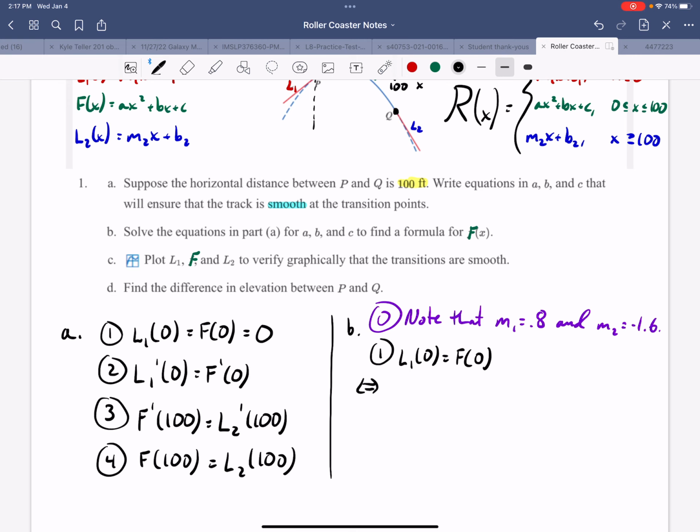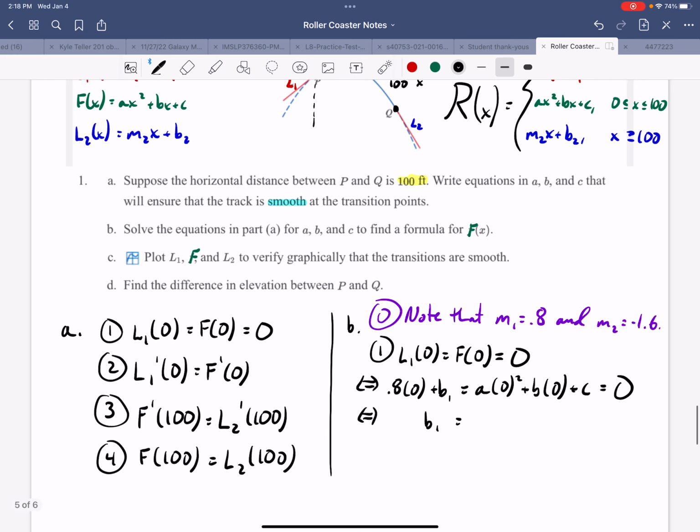L1 of 0 is 0.8 times 0 plus B1 equals A times 0 squared plus B times 0 plus C. But remember, we also know that that equals 0. Well, when you simplify, multiplying by 0 just gives you 0 again. This results in B1 equals C equals 0.